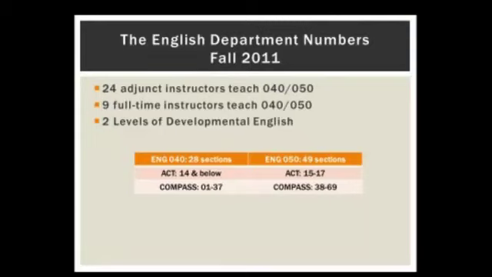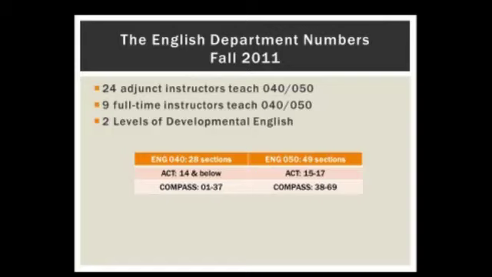So first, a little bit about the English department at OTC. Just to give you an idea of who we are and maybe see if we're similar to your own institution. Here at OTC, we're in Springfield, Missouri, and we have 24 adjunct instructors who teach 2 different levels of developmental English.